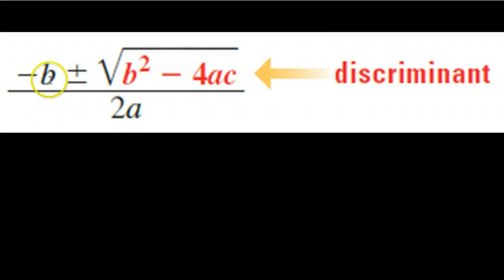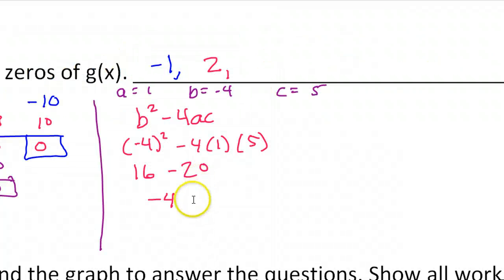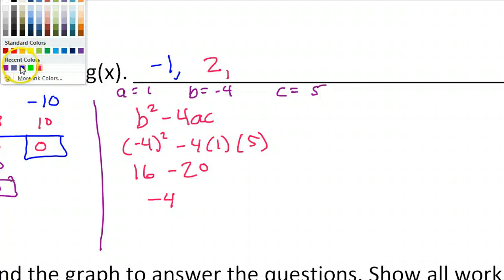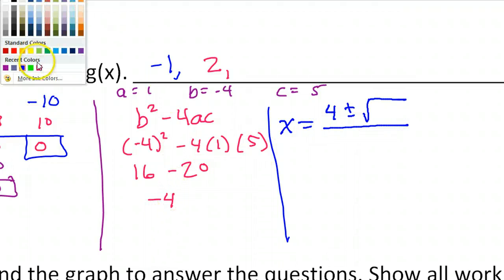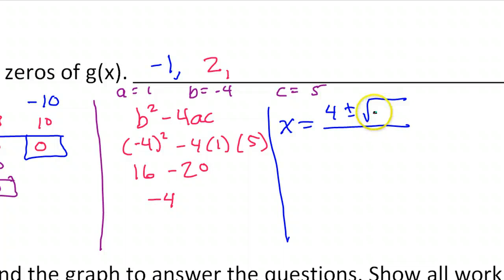It'll be opposite of b plus or minus the square root of the discriminant. B is -4, so the opposite of b will be +4. Then plus or minus the square root, and the discriminant goes under the square root, so there's our -4, right there.